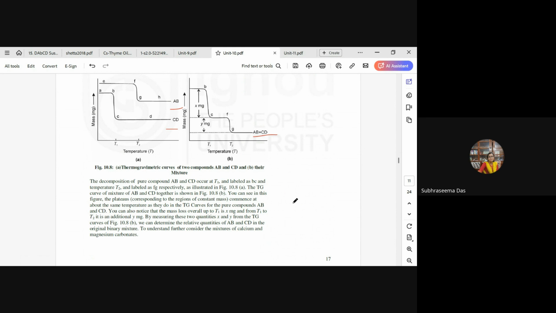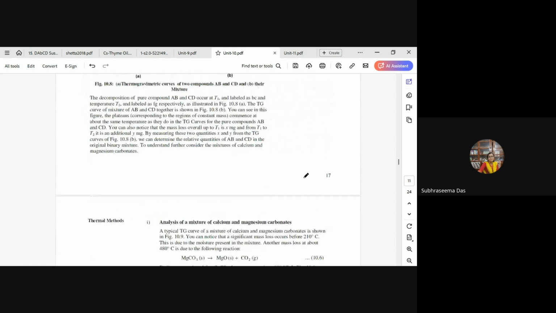We can also notice that the overall mass loss up to T1 is x mg, and from T1 to T2 it is y mg. By measuring these two quantities, x and y, we can determine the quantities of AB and CD present in the original mixture.